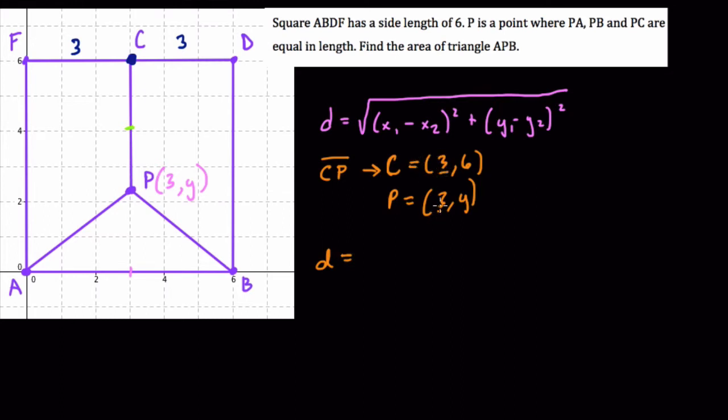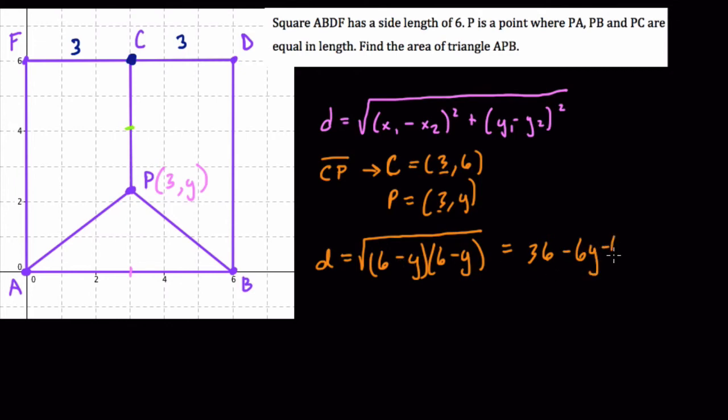The x values are the same, so it's going to be 0, and the distance is going to be equal to the square root of (6 minus y) squared. So (6 minus y) squared, I'll expand that. It's (6 minus y) times (6 minus y). 6 times 6 is 36. 6 times negative y is negative 6y. Negative y times 6 is negative 6y.